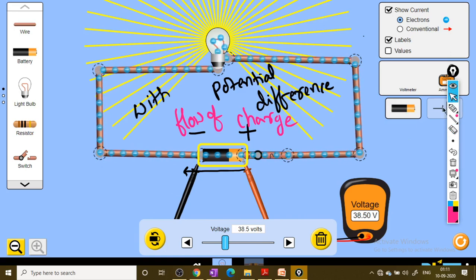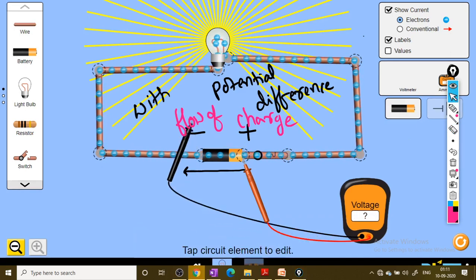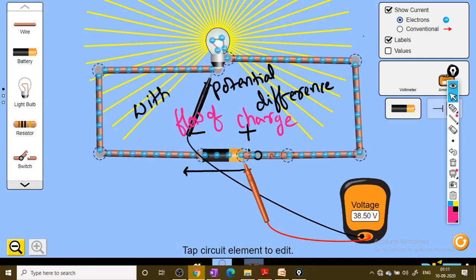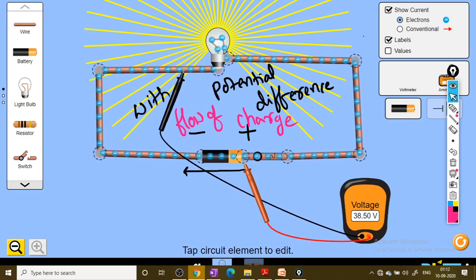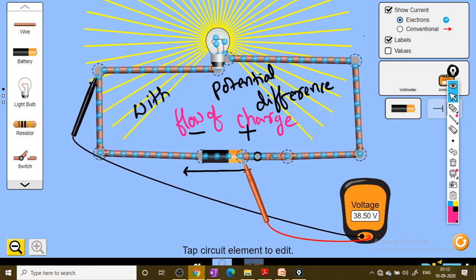You can measure potential difference across any point in the circuit. This is the potential difference across the bulb and across the cell. Or if you want to measure the potential difference between two ends, at any point in the circuit, we can measure.